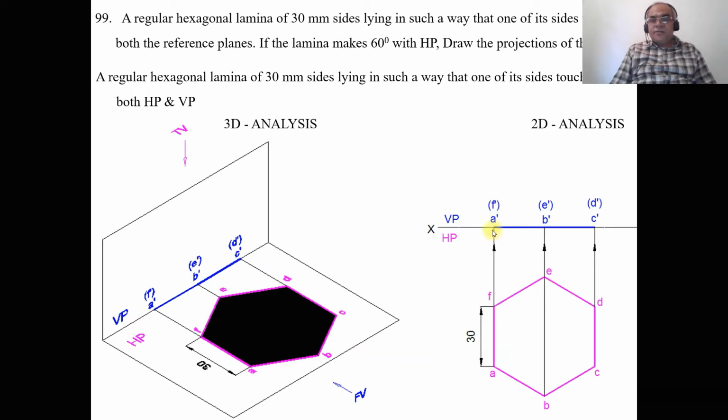As you see from the front view, since ABC is near to the observer, A dash, B dash, C dash is visible and D, E, F is away from the observer. Therefore, D dash, E dash, F dash is in brackets. As you see from the top view, since the surface is perpendicular to the vertical plane, you are going to get a line.